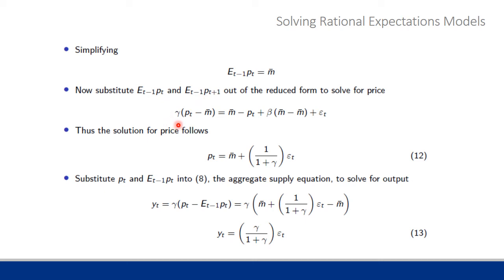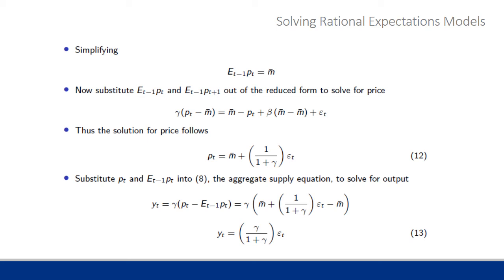And the reduced form with the expectations of prices replaced with m bar is gamma times P_t minus m bar equal to m bar minus P_t plus beta times m bar minus m bar. This is 0 now. And remember, this was E_t P_{t+1} minus E_t P_t plus the shock. If we solve for price, we have the solution for equilibrium price, that P_t is equal to m bar plus 1 over 1 plus gamma times epsilon_t.